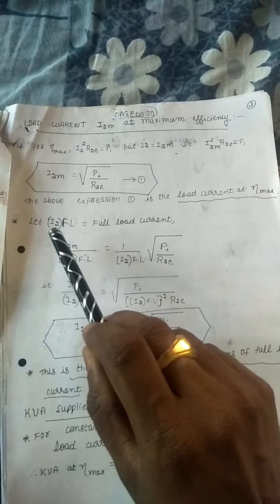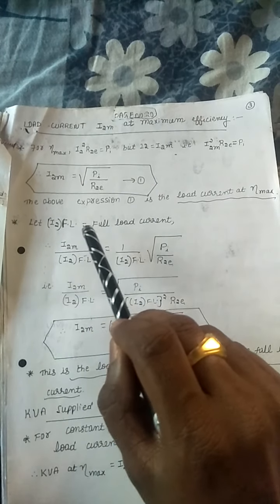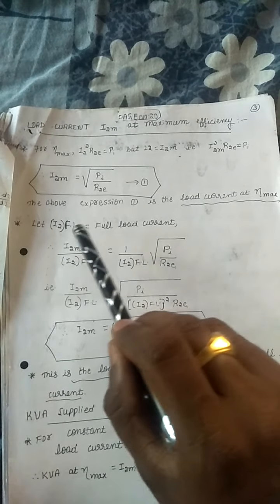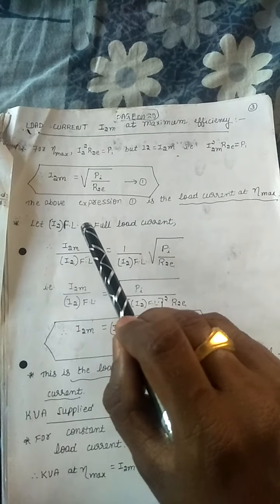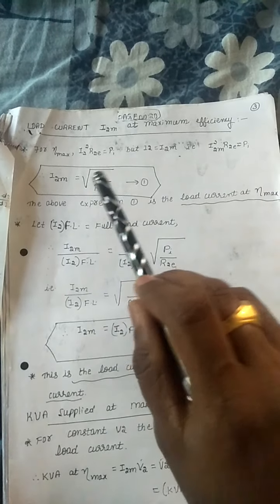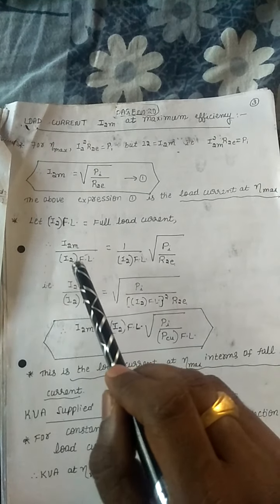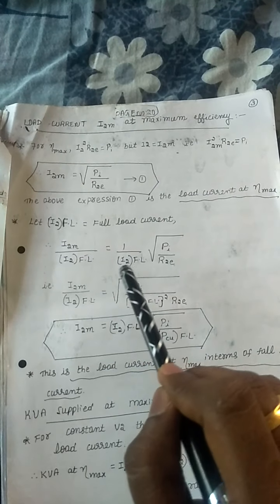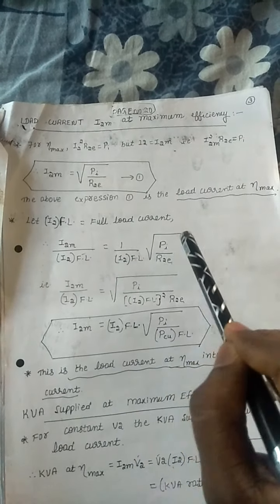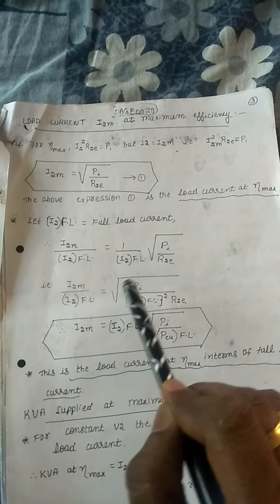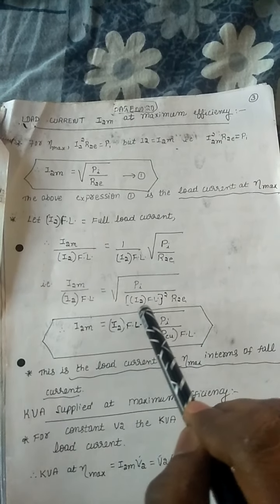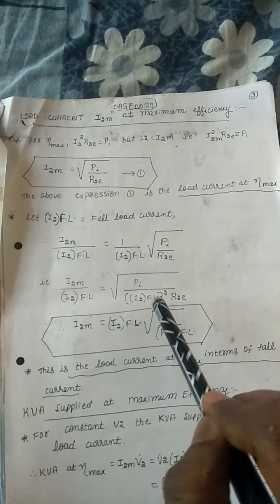Let I2 FL be the full load current. Now you divide by I2 FL on both the RHS and LHS of the above equation. So I2M divided by I2 FL equals square root of Pi divided by R2E, divided by I2 FL.